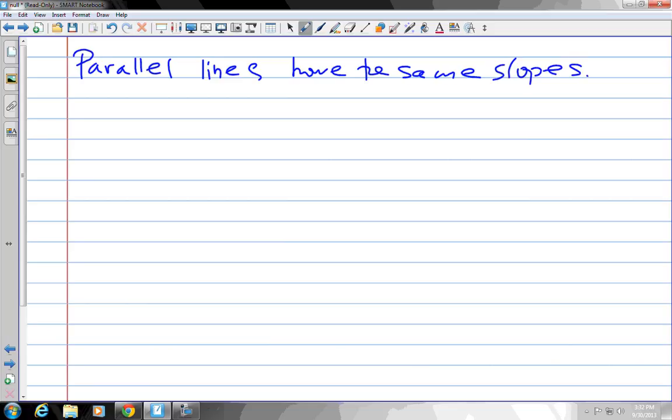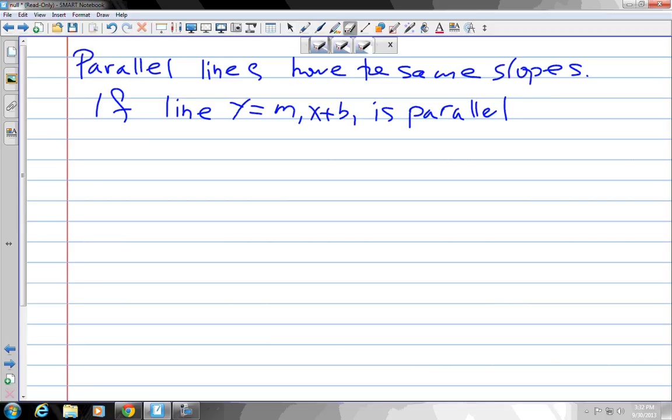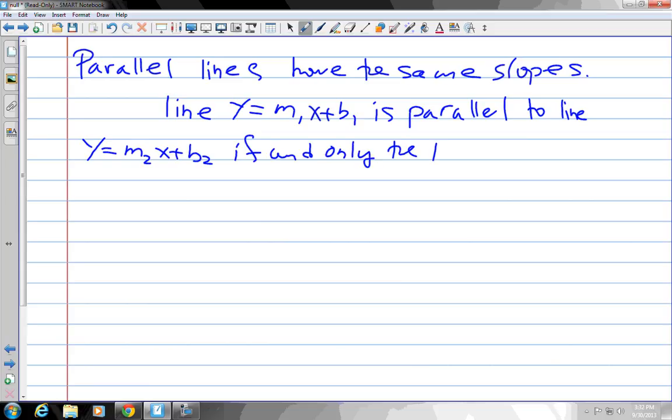So basically, a line y equals m1x plus b1 is parallel to a line y equals m2x plus b2 if and only if the lines are parallel.